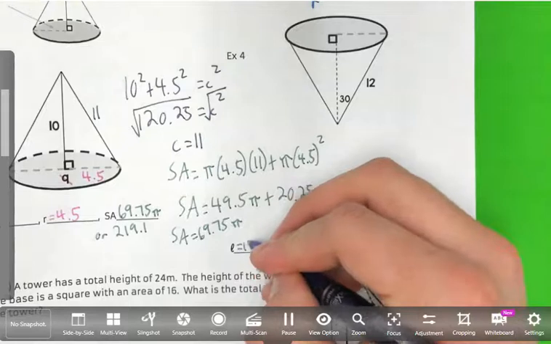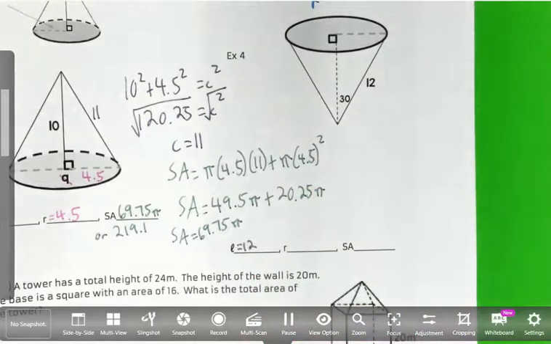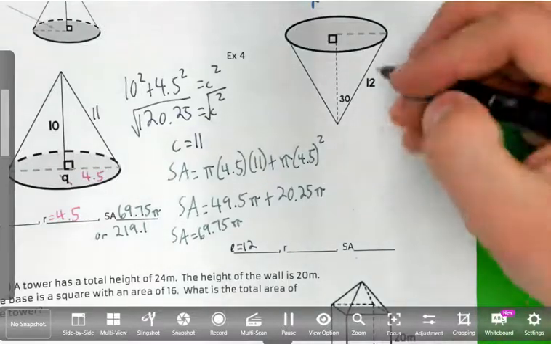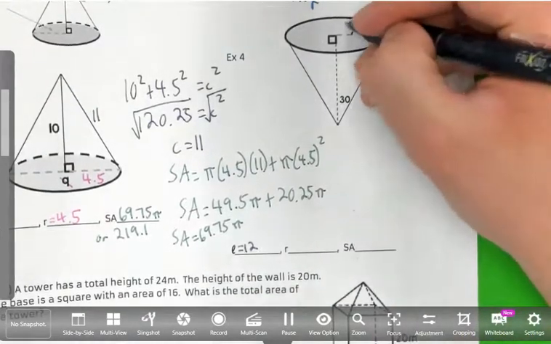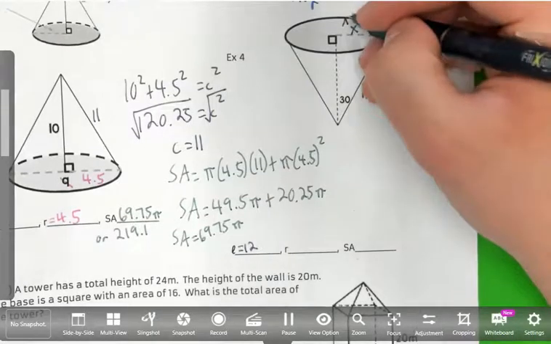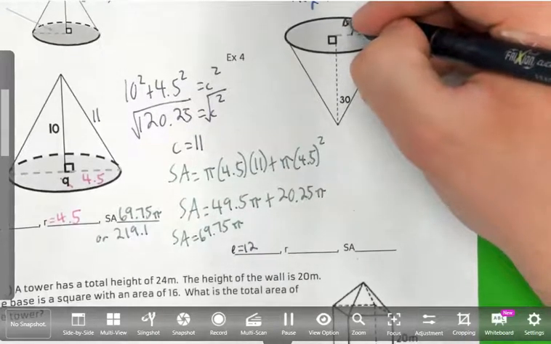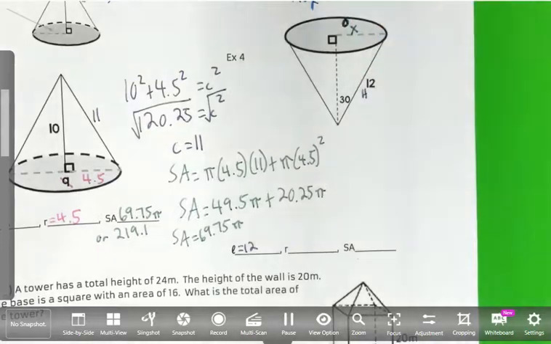So our lateral height is 12. And then for our radius, we will have to use trig. Let's go ahead and use this triangle that they give us to identify that this is our hypotenuse. And then we are looking for our radius, which is the opposite of our 30. So this means that we are going to be using sine.